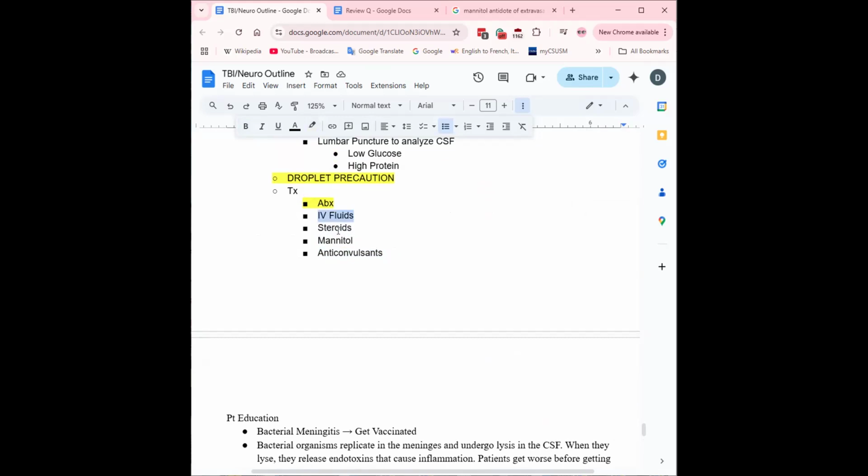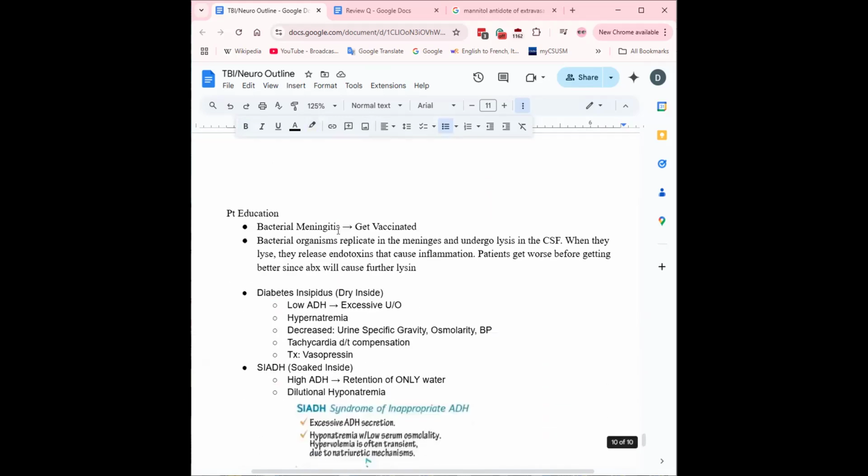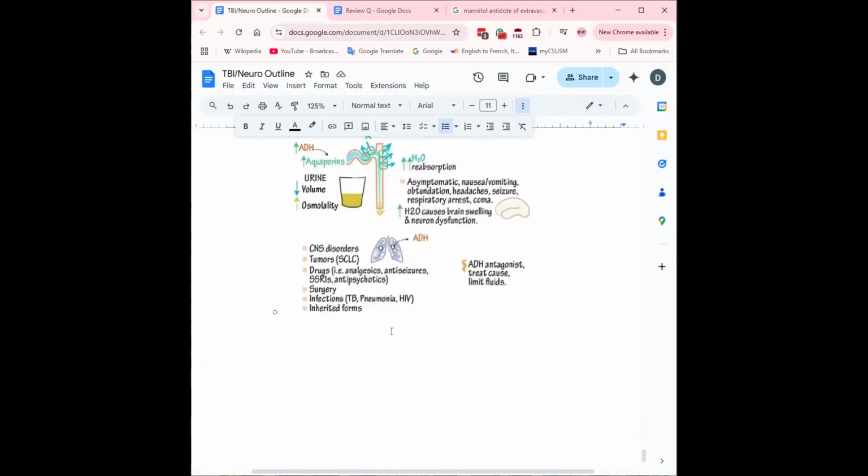And again, some extra information. When you have brain damage and brain trauma, you can have DI or SIADH happen, because the hypothalamus and pituitary gland release a lot of that stuff in your head. So these are some things that can occur.